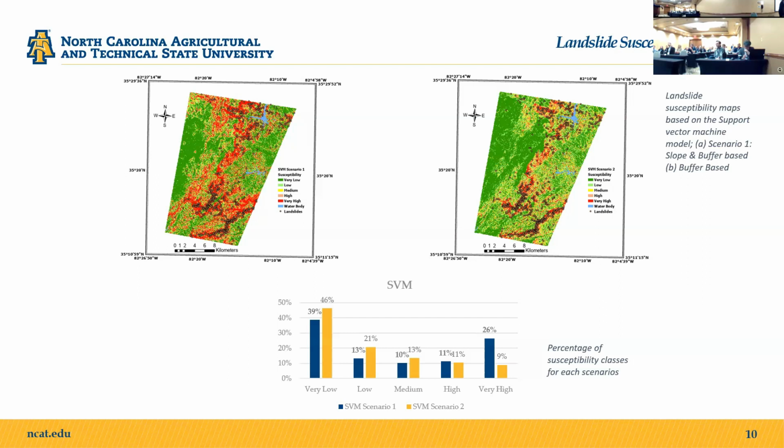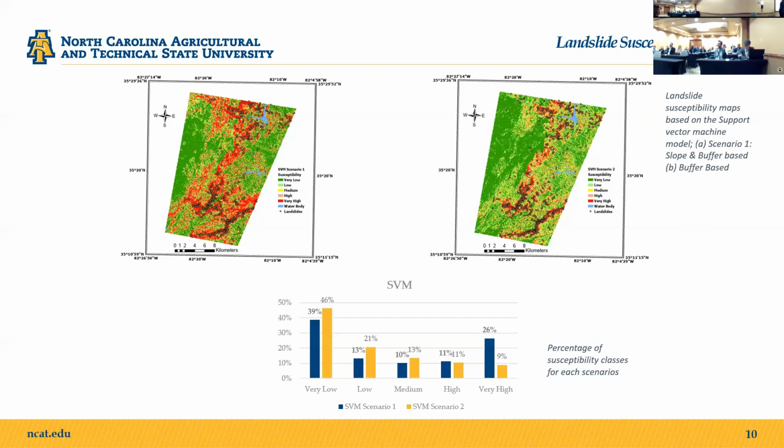According to support vector machine, 39% were classified as very low for scenario 1, and 46% were classified as very low for scenario 2, and 26% were classified as very high for scenario 1, and 9% were classified as very high for scenario 2.